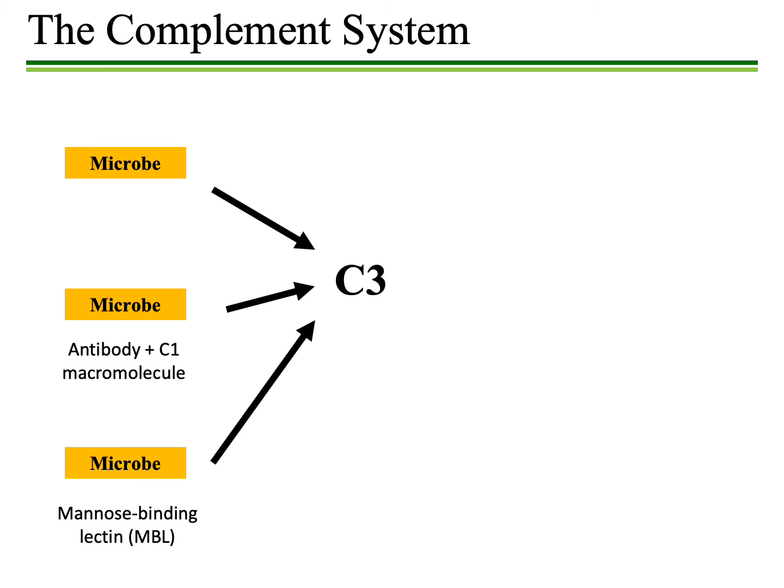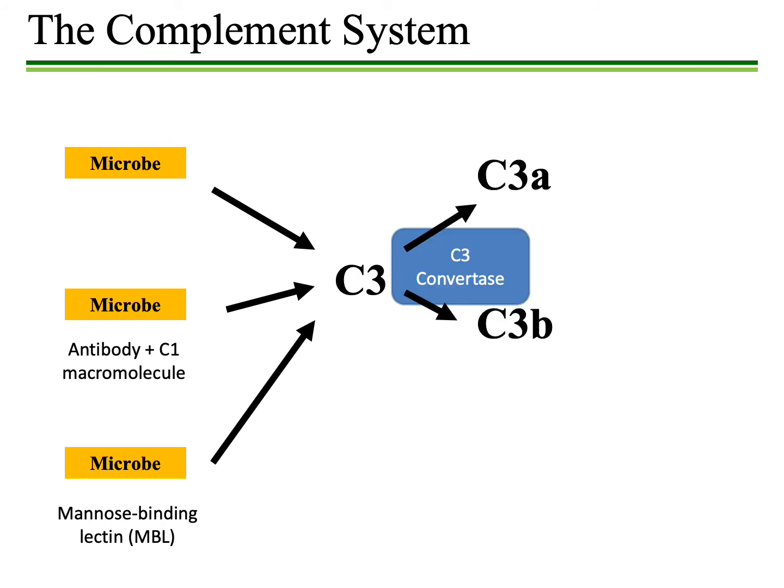Actually, let me take a step back. All three of these mechanisms are activation pathways to get to this point: C3 conversion into C3a and C3b. The key enzyme that does this conversion, cleaving C3 to produce C3a and C3b, is known as C3 convertase.